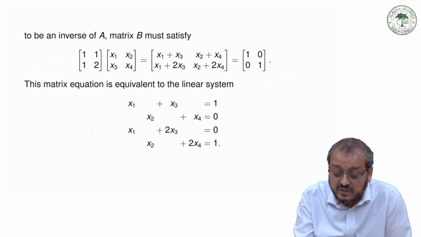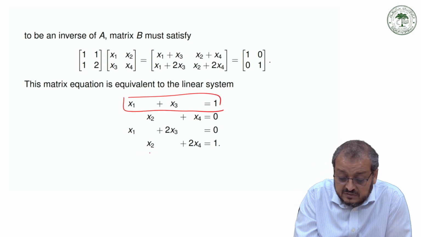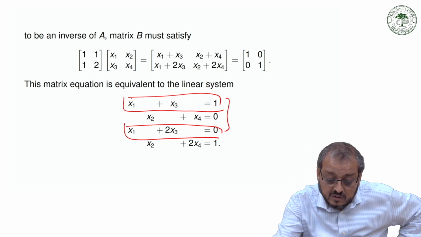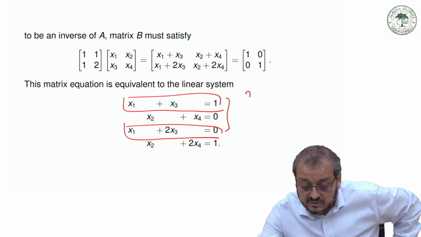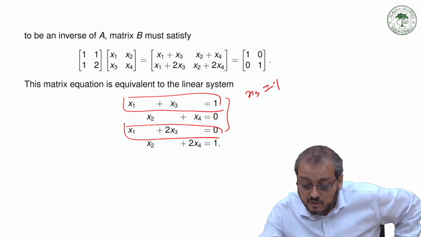So we simplify these two equations like this: x1 plus x3, and x1 plus twice x3. If we subtract these two equations, clearly this cancels out, and x3 is equal to -1. Then for the other two equations, we eliminate x2 and get x4 is equal to 1.